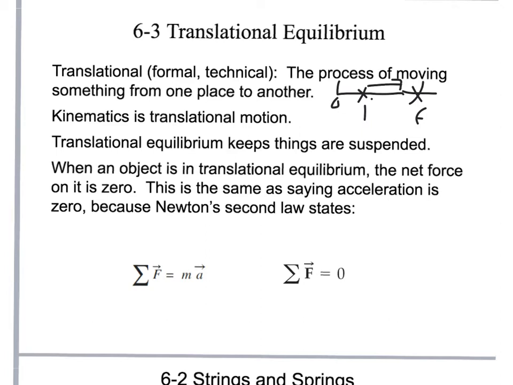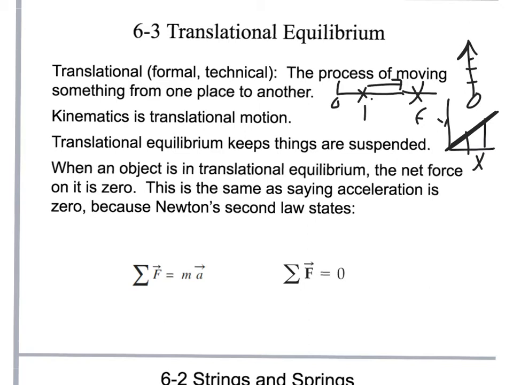Same thing with anything in the y direction. We started at the origin, we moved from one place to another. And even when we had an angle, if this was our displacement right there, we moved in a combination of the x and the y direction. So kinematics is all about translational motion.